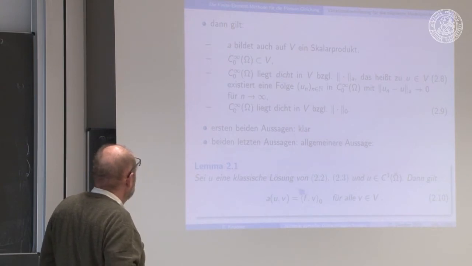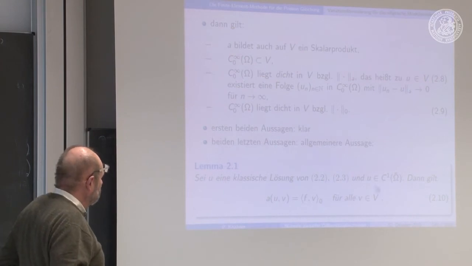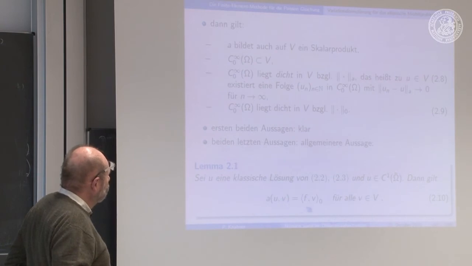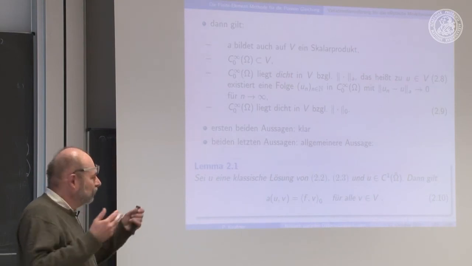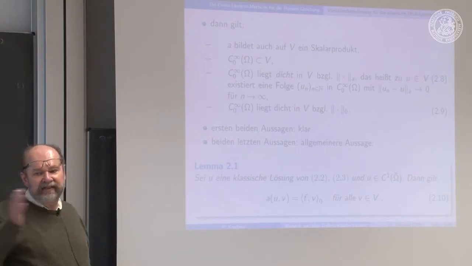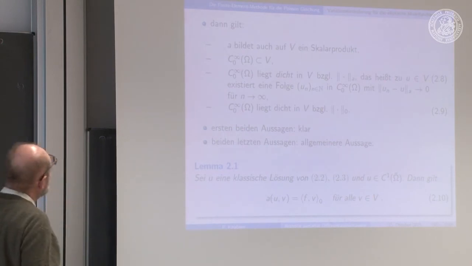Now the first assertion is that if I have a classical solution with this additional requirement, continuous up to the first derivatives up to the boundary, then this classical solution fulfills this variational equation, but now with test functions not from C infinity 0 only, but from the full space V. And if this is really true, I've gained what I want. On the one hand, I have my solutions from the space V. On the other hand, the test functions are from the space V. Let's see why this holds true.